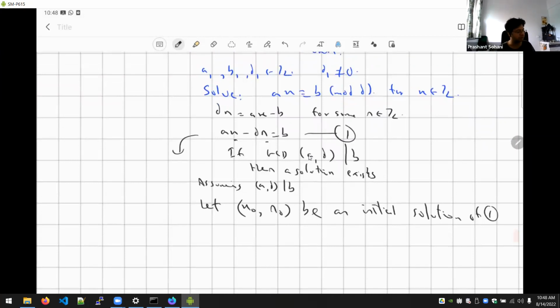Then x naught is a valid solution of the original equation, right? So what will any other solution look like? If you remember the adjustment that we are able to do, we have to increase x naught by some amount and decrease n naught by the same amount.